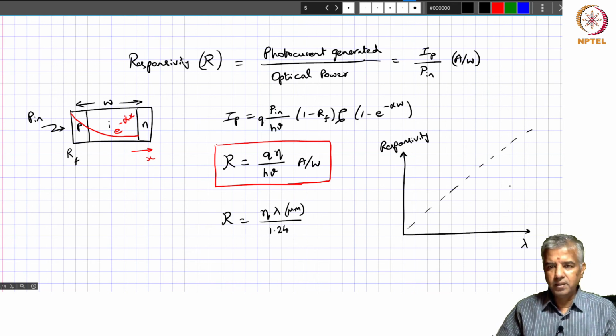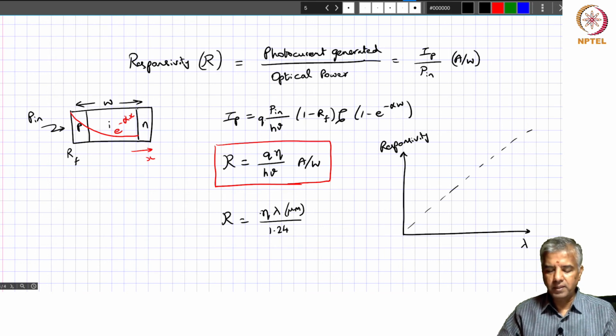But you cannot keep increasing that responsivity. That also brings up the question: can responsivity be greater than 1? Yes, surely responsivity can be greater than 1, because it scales with respect to lambda.